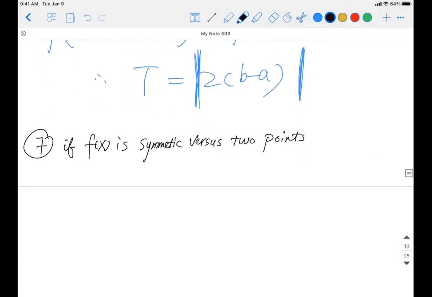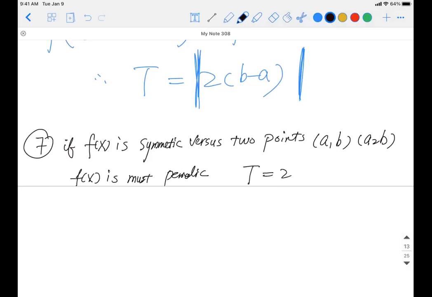Now let's talk about what if a function has two central symmetric points, (a1, b) and (a2, b). They must have the same b, the same y, but different x. If a function has two central symmetric points, this function must also be a periodic function, and the period T will be 2(a2−a1). Same thing, I want to take an absolute value.